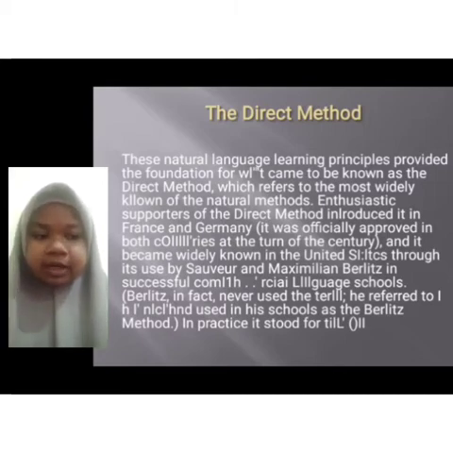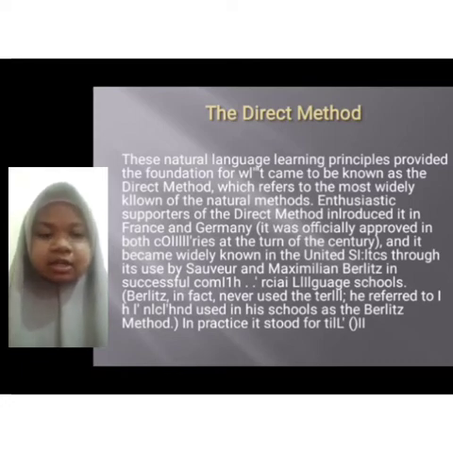Other reformers toward the end of the century likewise turned their attention to naturalistic principles of language learning. And for this reason, they are sometimes referred to as advocates of a natural method.